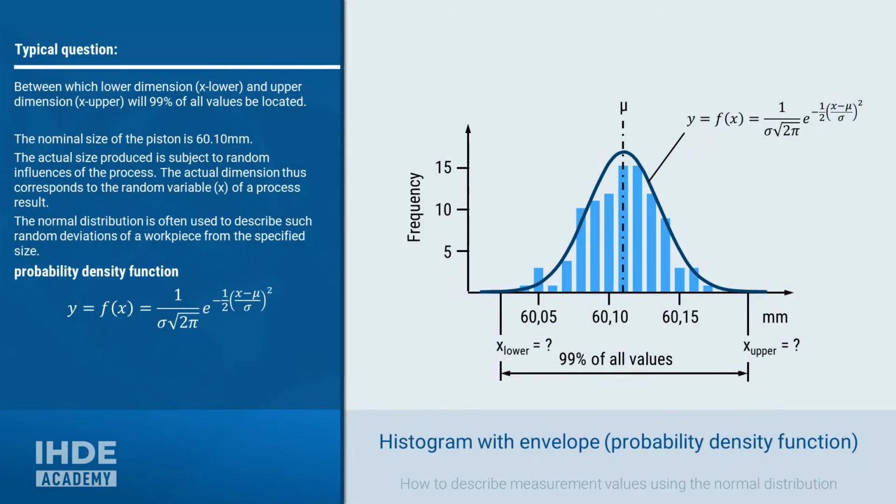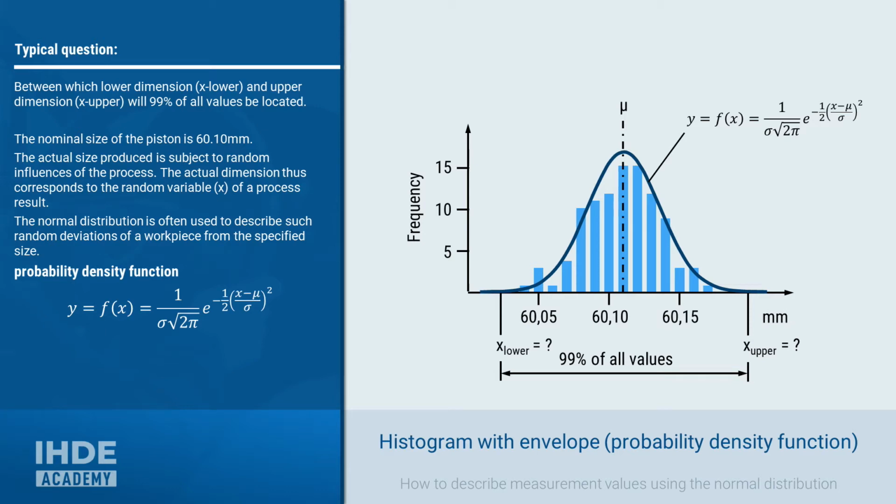A typical question in statistical process control is the question of the limits or the dimensions between which all actual values will lie with a 99% probability. For this, you need a mathematical function that describes the distribution of the values as well as possible.